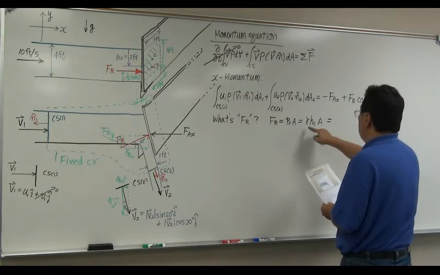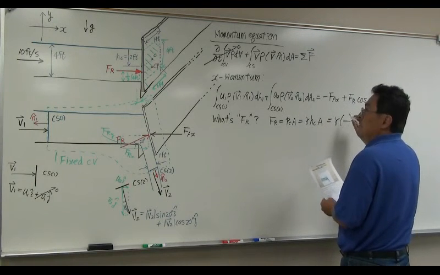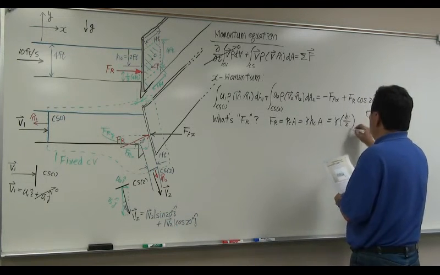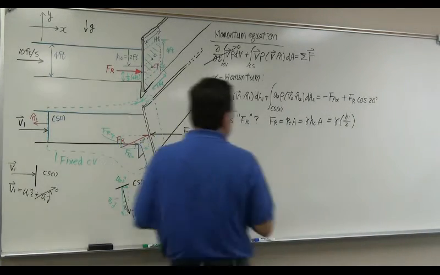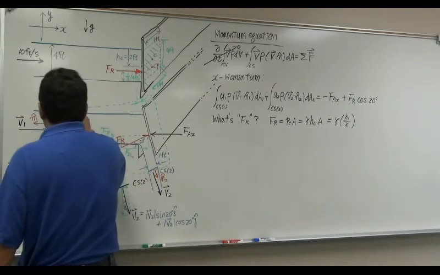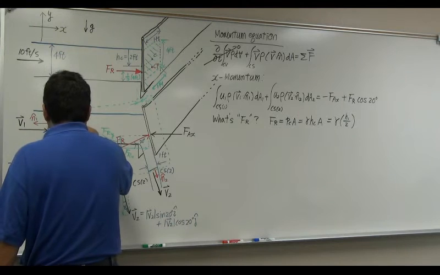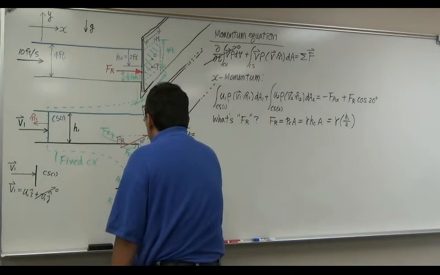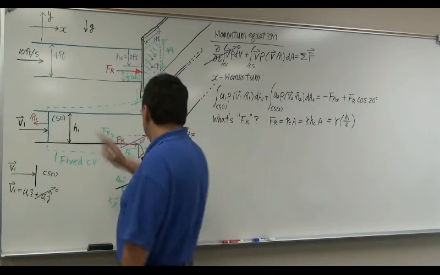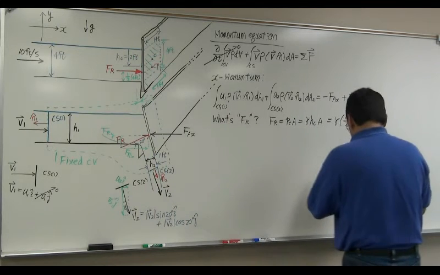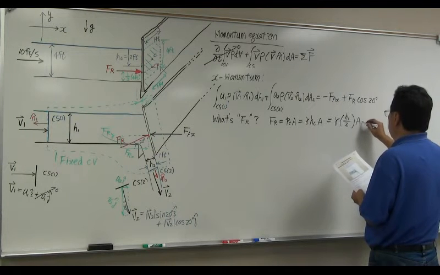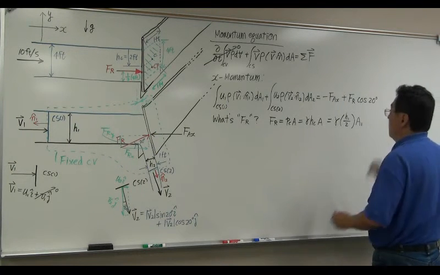So this is going to be obviously gamma times HC, being 2 feet, so H1 over 2. H1 is 4 feet, so this is 2 feet. Right? So this is H1. This is H2. Okay? H1 is 4 feet. H2 is 1 foot. Gamma times H1, 1/2 times, the cross-section area A1. Okay?